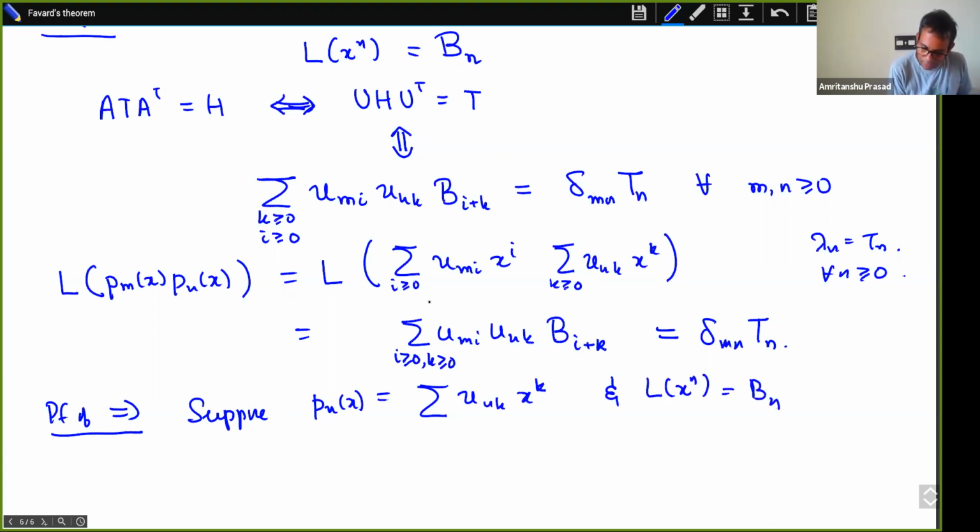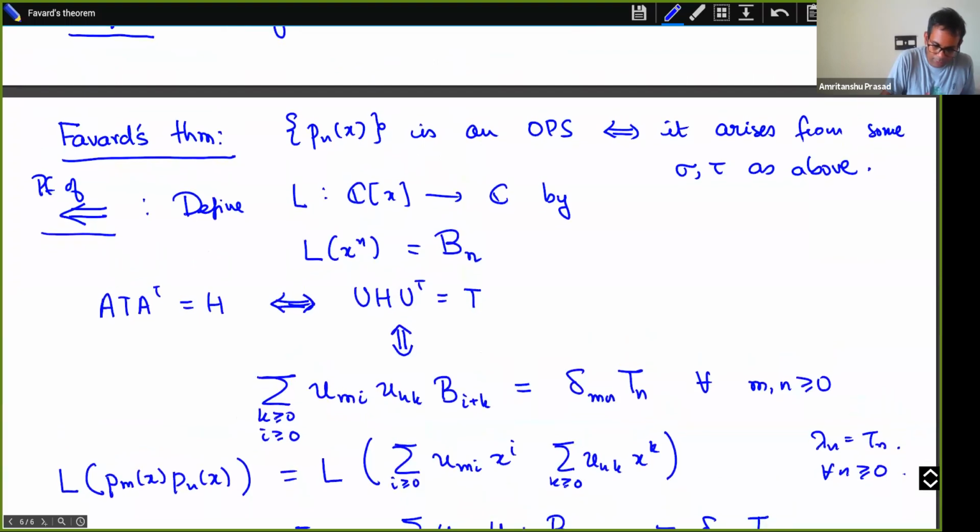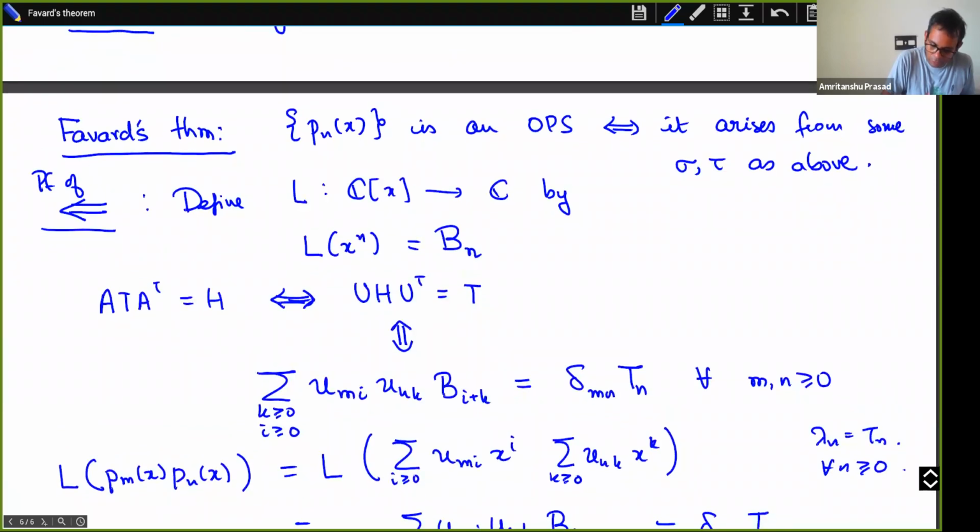Then the same calculation here actually shows that U H U transpose is T. So what are we proving? We are proving that we have an OPS, right?